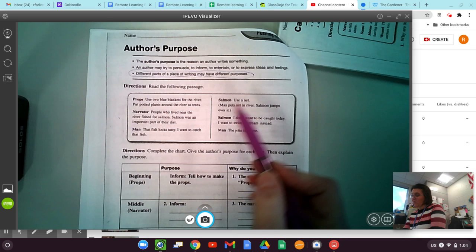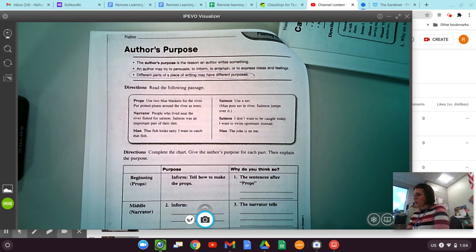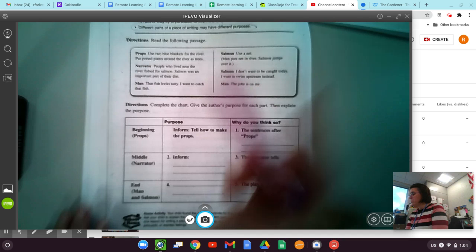So let's take a look down here at this chart. Complete the chart. Give the author's purpose for each part. Then explain the purpose. So, in the beginning, talking about the props, it said to use 2 blue blankets for the river and potted plants. So the purpose was to inform, to tell how to make the props. Why do you think so?